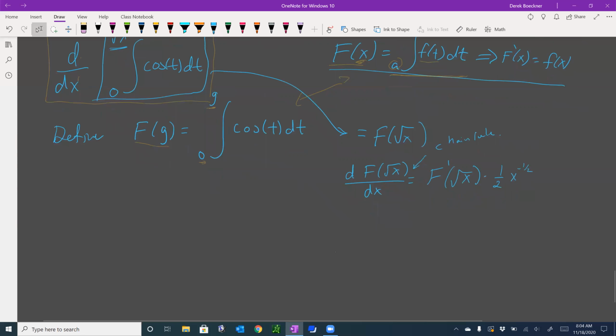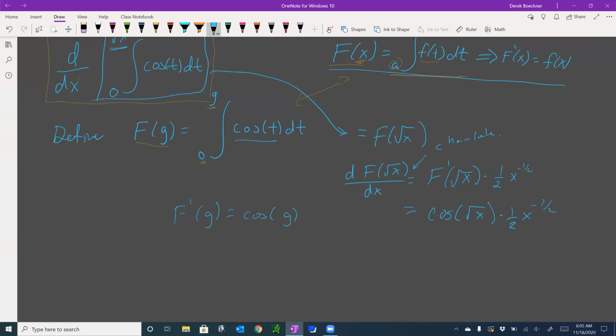Okay. f prime is just the cosine function. So this thing turns into the cosine of the square root of x times 1/2 x to the minus 1/2. So we're just going to use the chain rule on some of this type of stuff to do these problems.